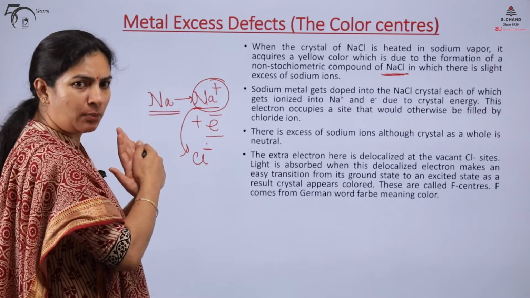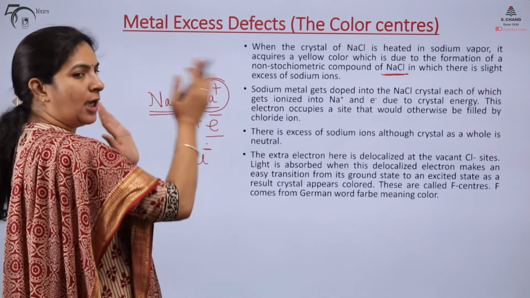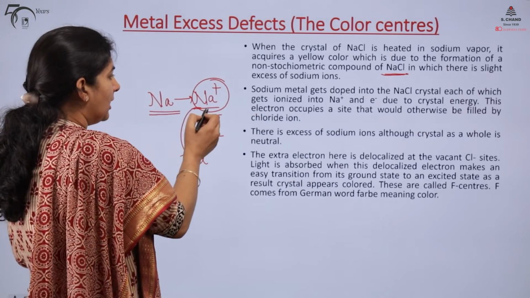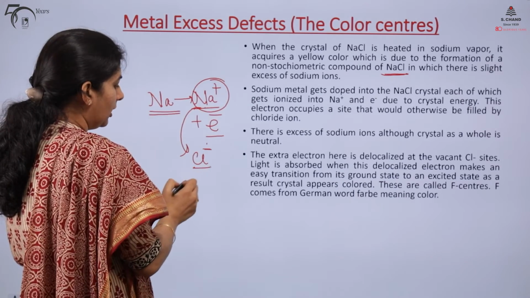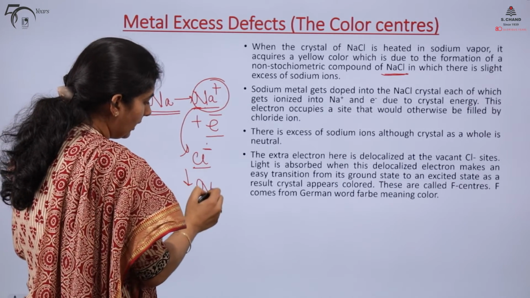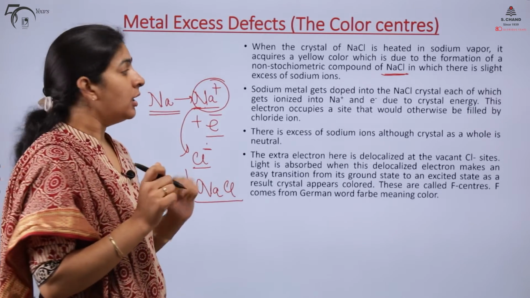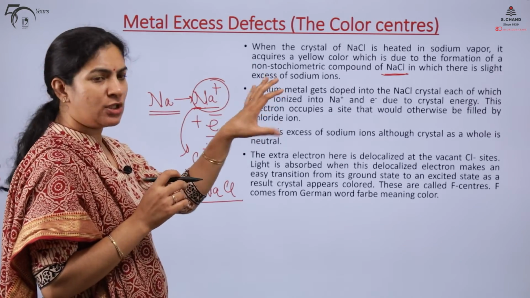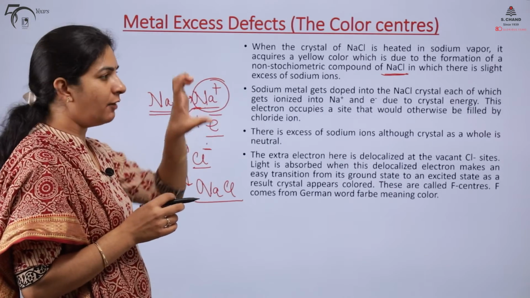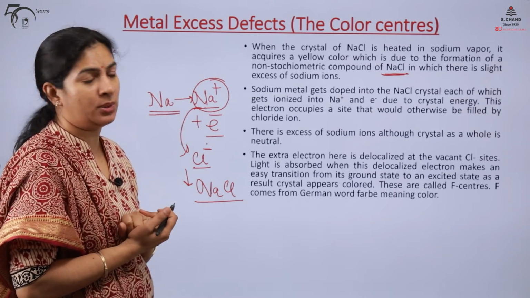And therefore from the crystal lattice, what will happen? The chloride ion will come out, right? So Na plus and chloride ion will form NaCl, and the chloride ion which has come out, a vacancy has been created over there.